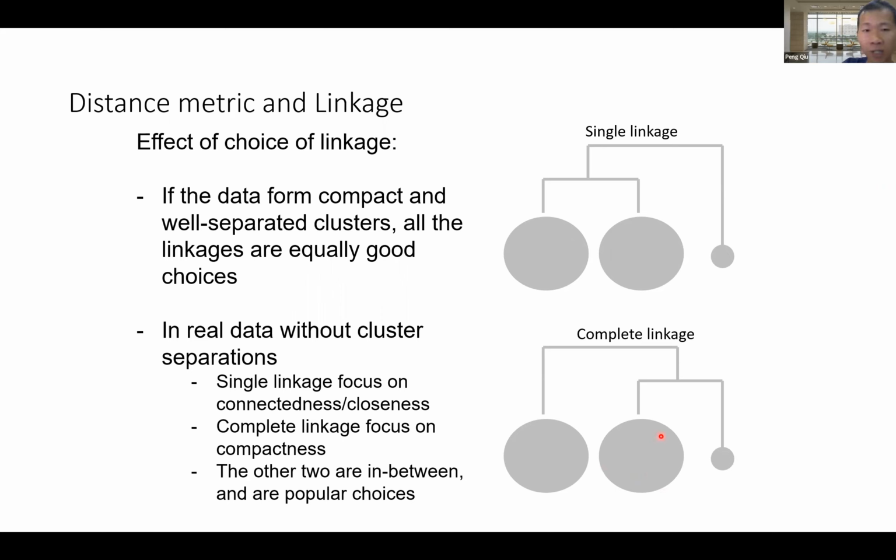So if you use complete linkage, then the number of cells under each split on either side will be relatively similar. But if you use single linkage, you don't have that property.